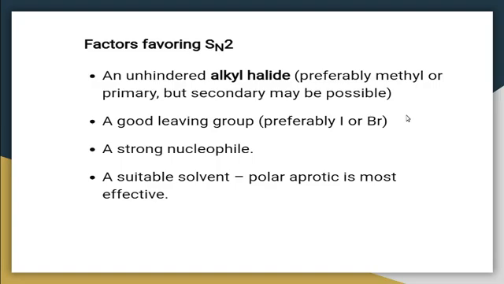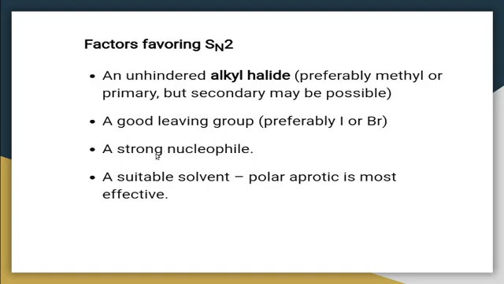So the weaker the basicity, the higher the leaving ability. The weaker the basicity of the group, the better the leaving ability of that particular group. So I minus is the good leaving group.